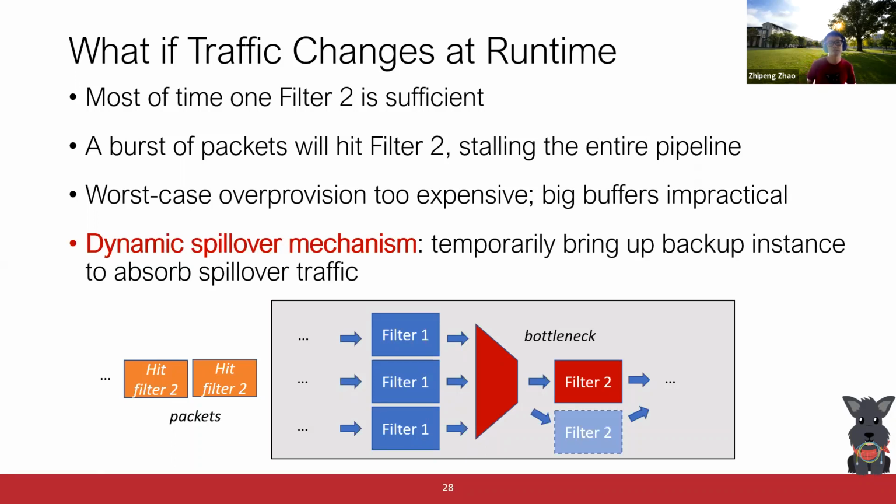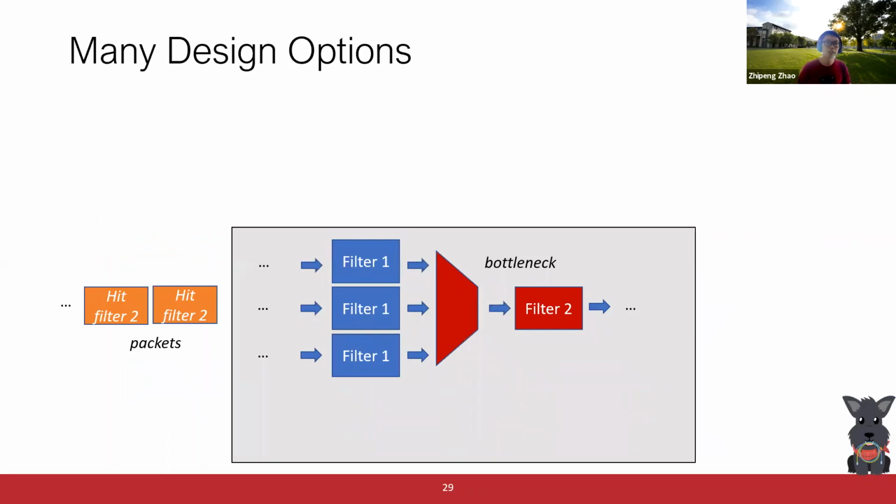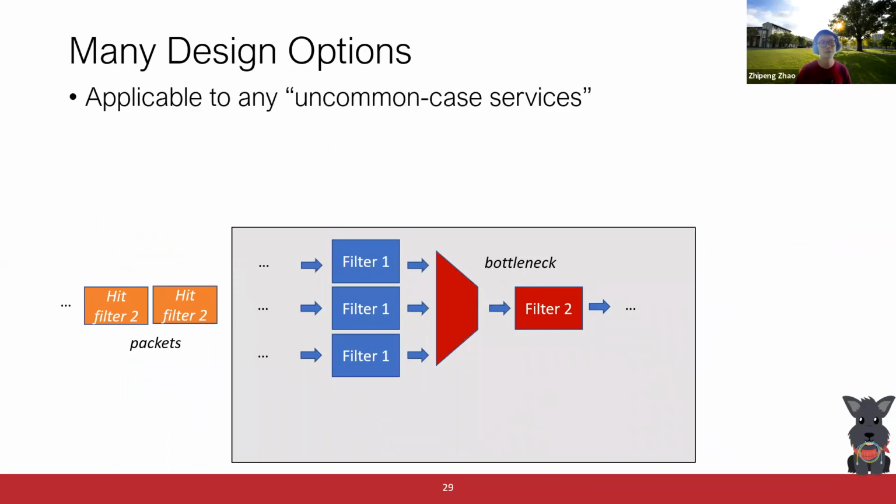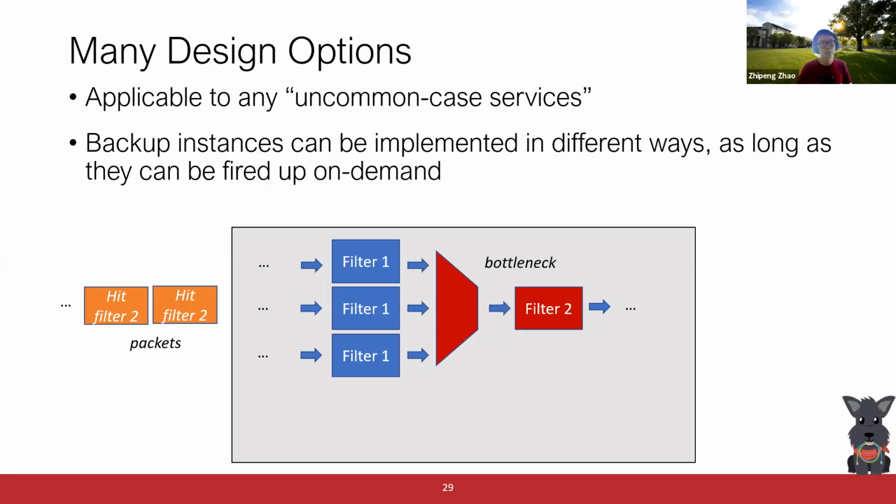And our solution is that we should temporarily introduce more compute power to absorb this spillover traffic. This idea itself is generic and there could be many design options. It could be applied to any common case service, and it could be implemented in different ways, as long as this backup compute power, the backup instance, can be brought up on demand.